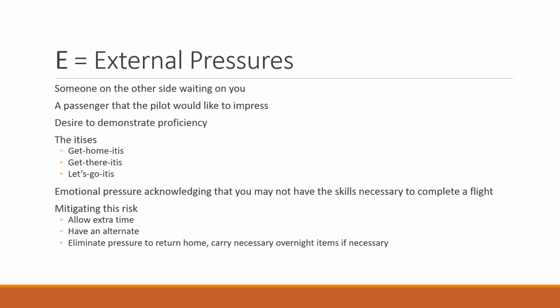And finally, external pressures. So maybe you feel like there's some pressure to get somewhere. We call these the itises. So the get home itis, the get there itis, and the let's go itis. So maybe, I don't know, it's something important like a wedding, and you really can't wait for weather. And so you risk it with the weather, but that turns out to be a bad risk.